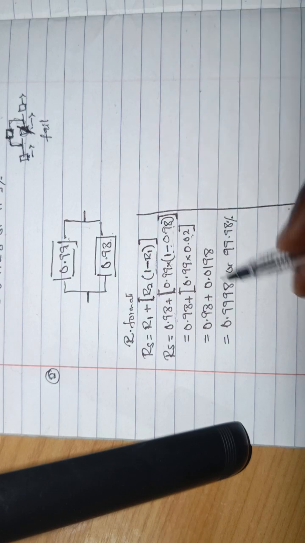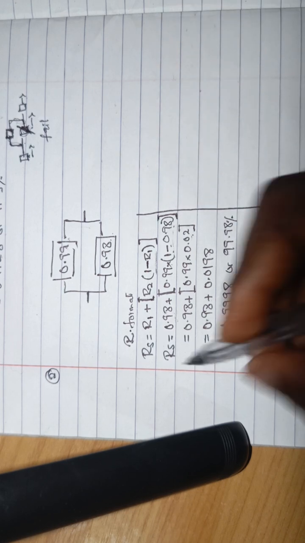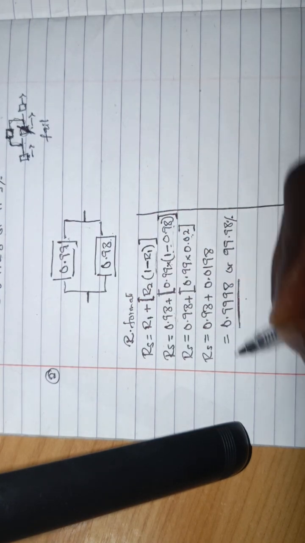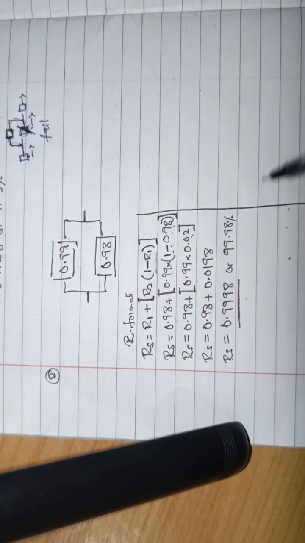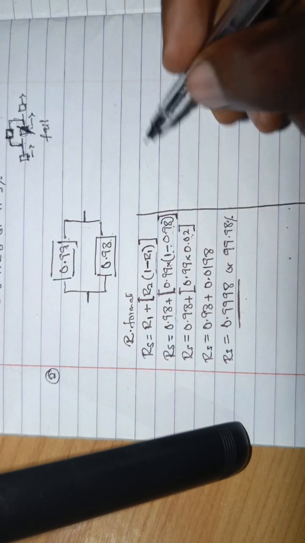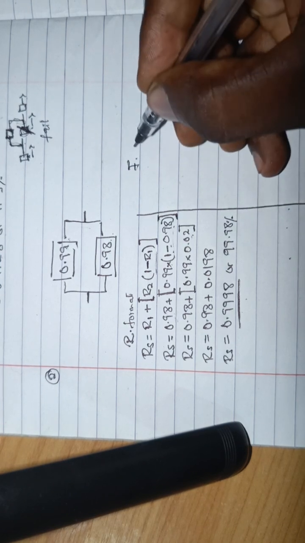Which means that this is the system reliability of this component. All right, so this is the system reliability format. Now let's look at the failure format.